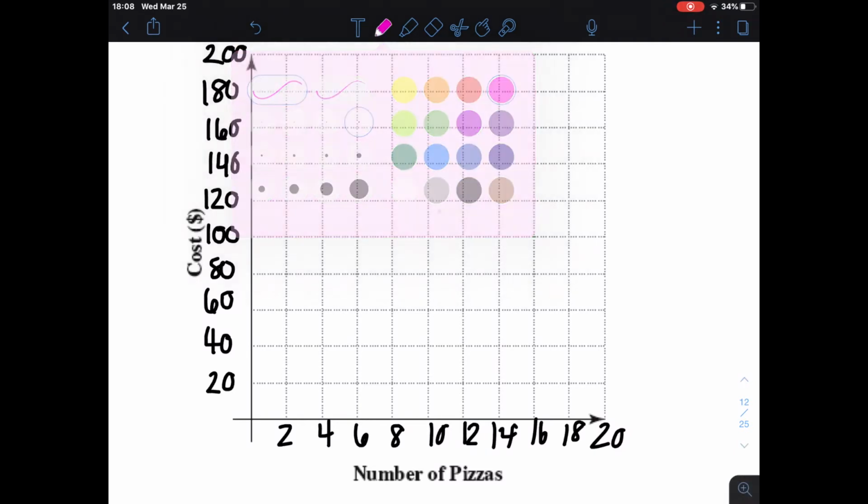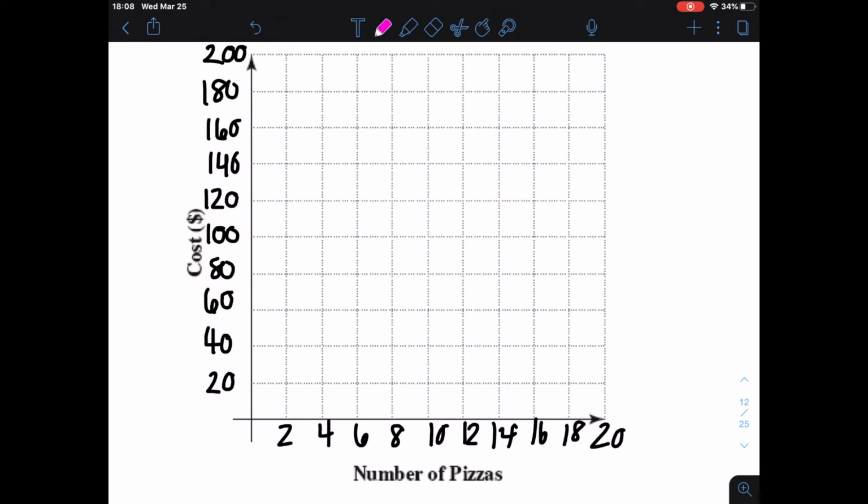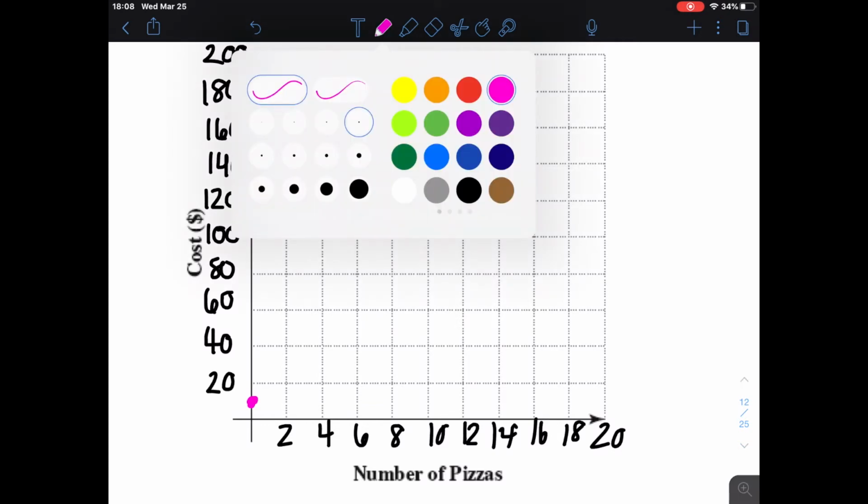Okay. So now it's slightly different when we have no pizzas. Our cost is going to be $10. 5 pizzas is around 55, so it's around right here. Wrong spot on that one.